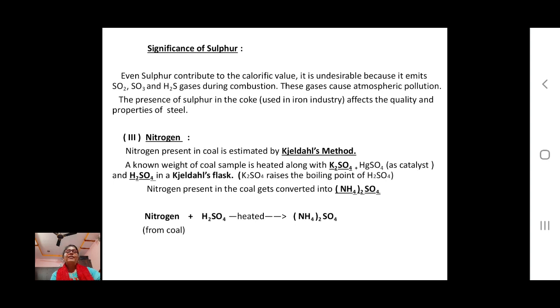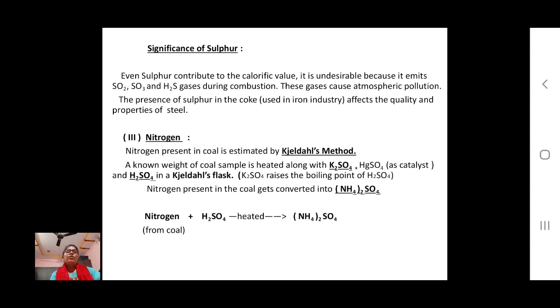Now come to the next content, nitrogen. Nitrogen present in the coal is estimated by Kjeldahl's method. This is quite complicated, so try to understand properly.